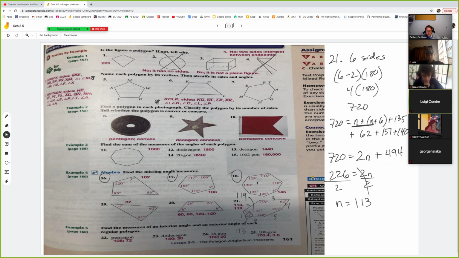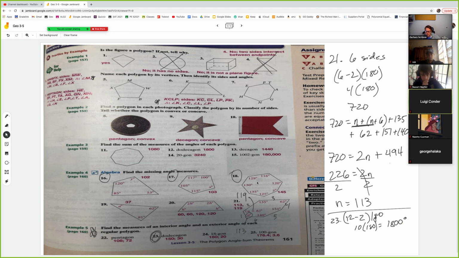All right, now down at the bottom here, because it's regular polygons, a dodecagon, like number 23, would be 12 sides minus 2 times 180, which would be 10 times 180, which would be 1800 degrees for the whole polygon.